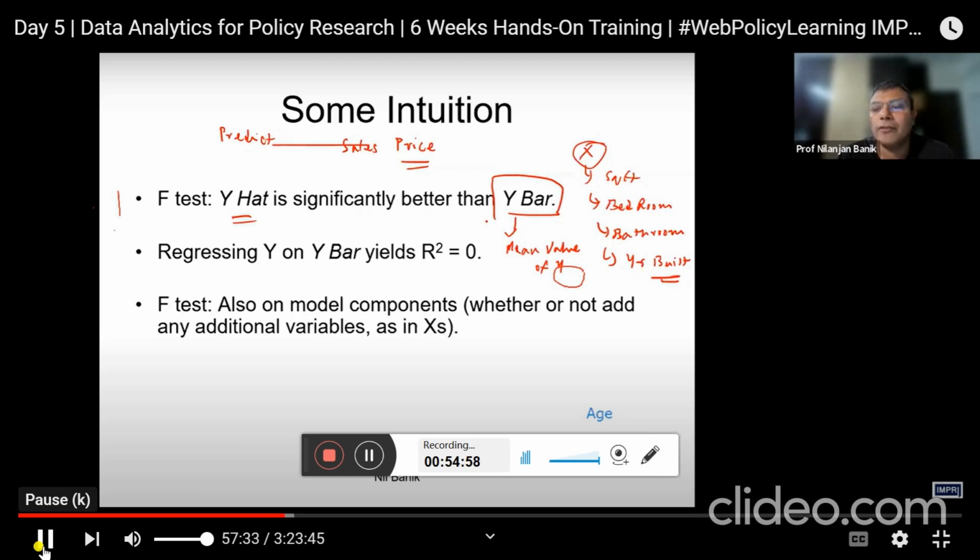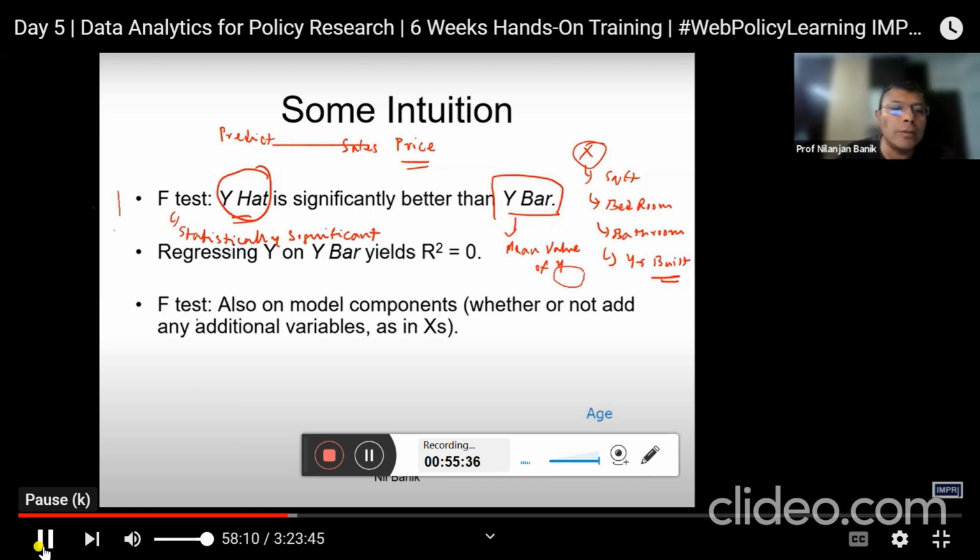If the F test is statistically significant, then what we are suggesting is Y hat is a better predictor than Y bar. So keep that in mind.